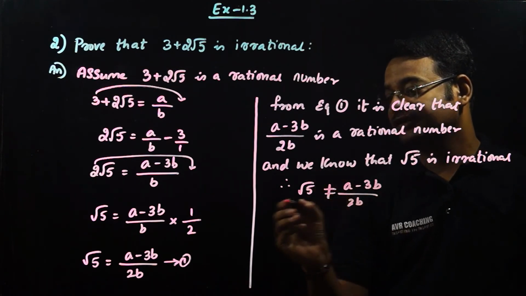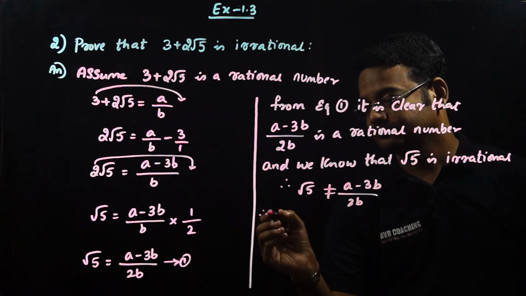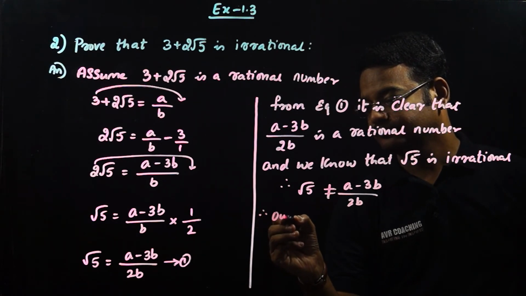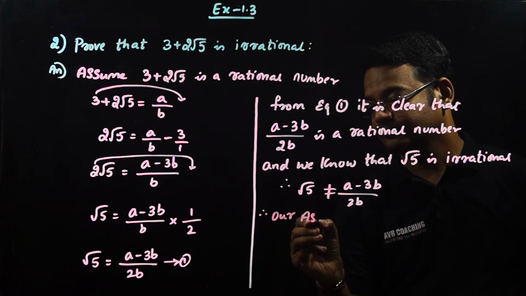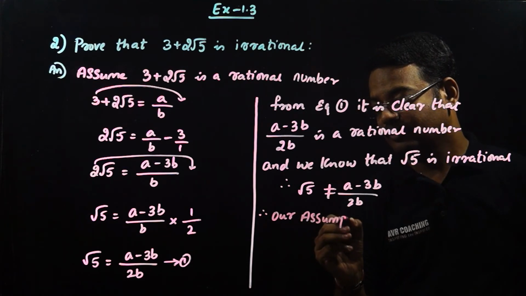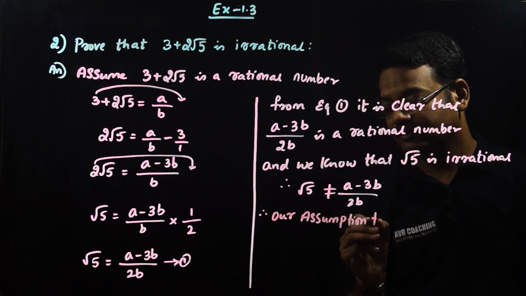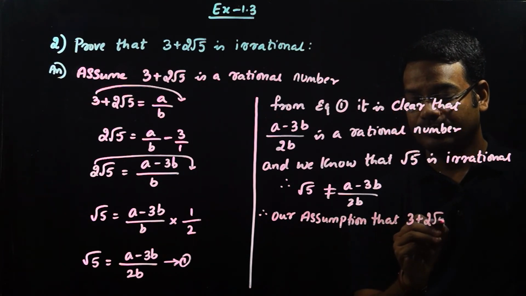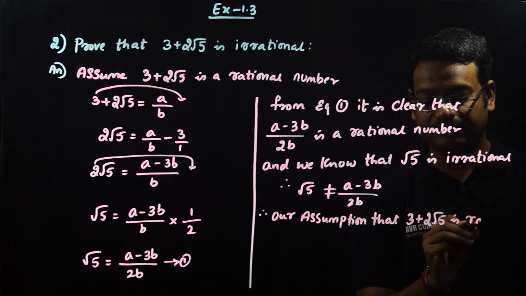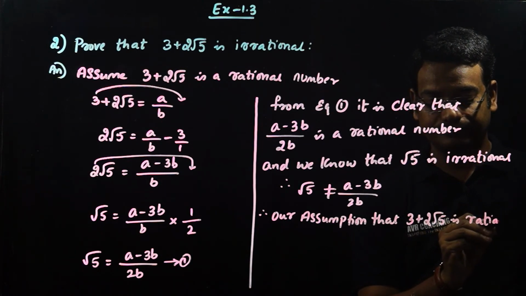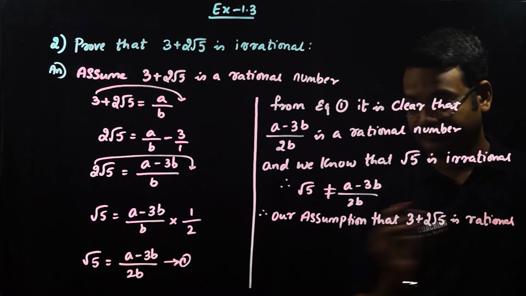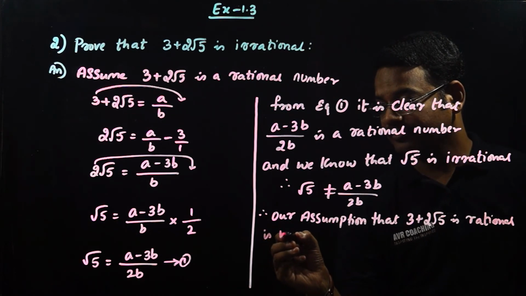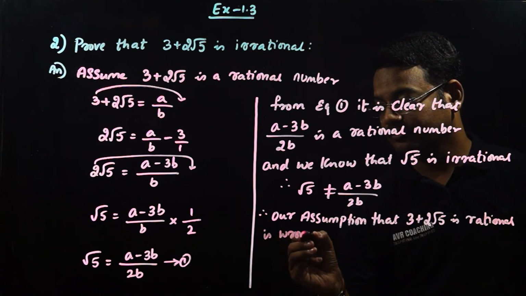Therefore, our assumption that 3 plus 2 root 5 is rational is incorrect or wrong.